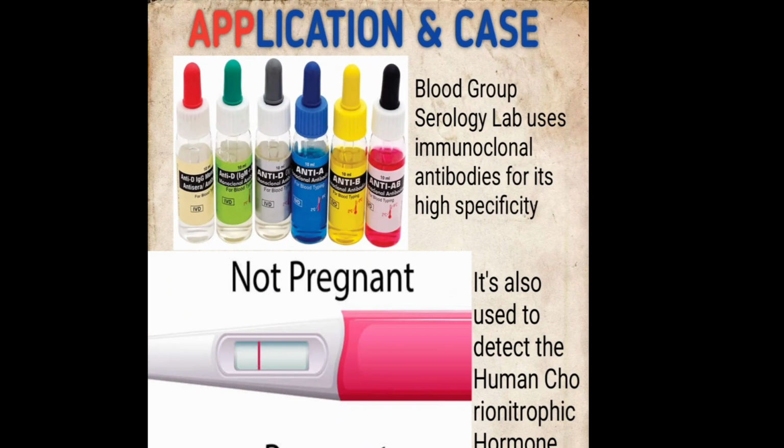This is application and case. You'll now find the antisera in the blood serology lab uses a monoclonal antibody for its high specificity, and that's what is used to generate the result of whether you are A positive, B positive, O, AB, and so on.